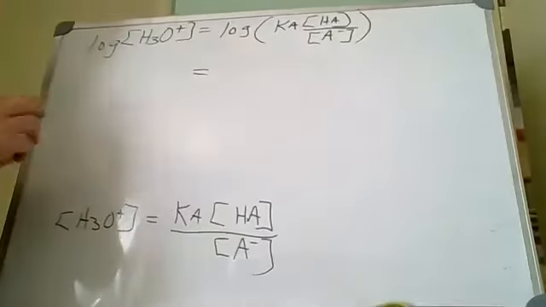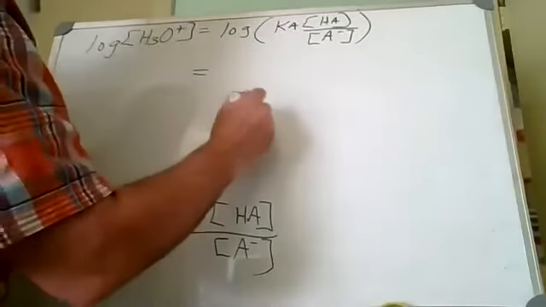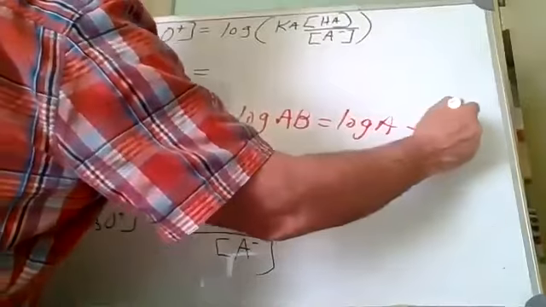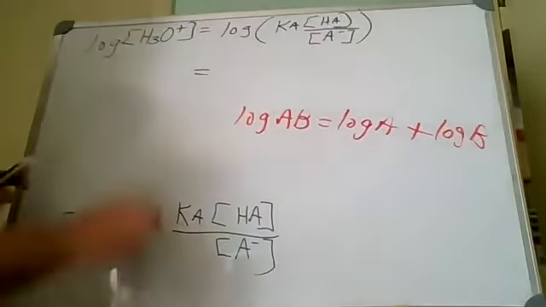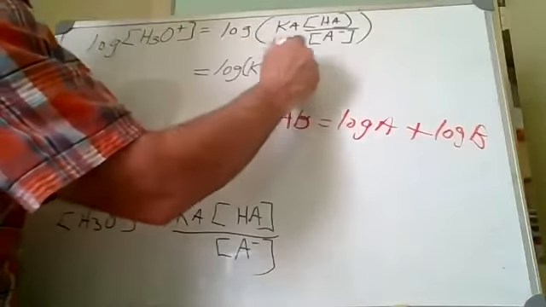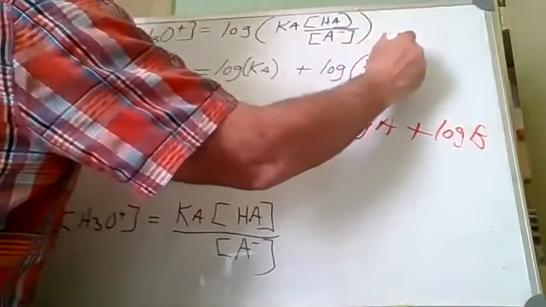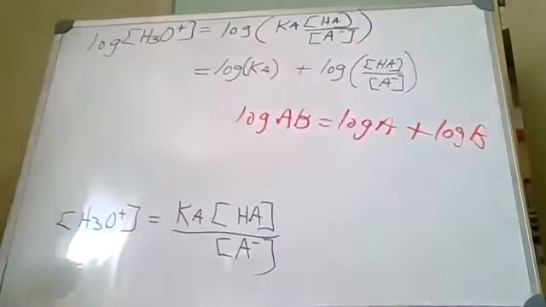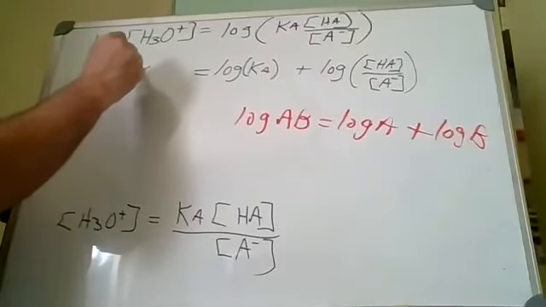And we have a relationship from back when you took algebra: the log of AB equals log A plus log B. So we're going to use that now. This right-hand side can be reduced to log Ka plus log of HA over A minus. And again, this is still log H3O plus on the left-hand side.